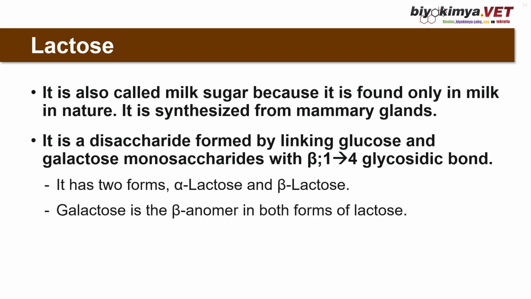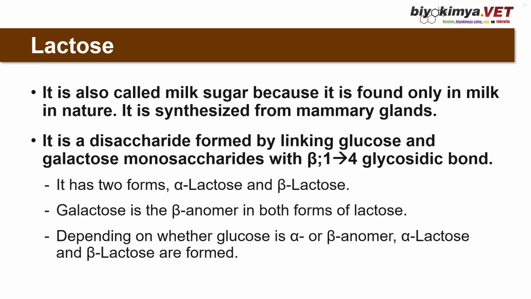As a common feature, both lactoses carry the beta anomer of galactose. So beta galactose. Depending on whether glucose is alpha or beta anomer, alpha lactose and beta lactose are formed.